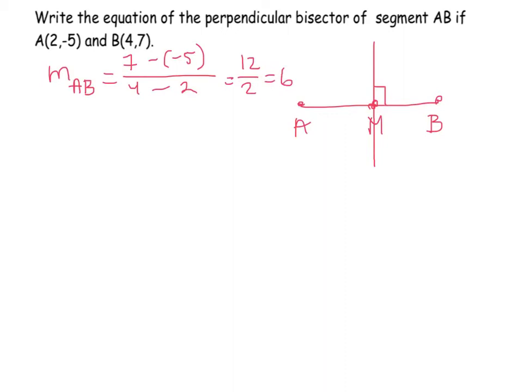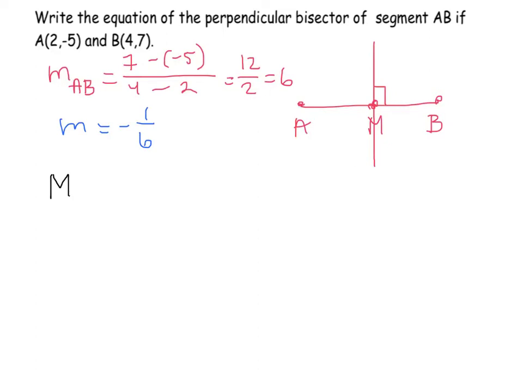So now to find the perpendicular slope, we have to take the opposite reciprocal. So the slope of the line perpendicular to this line will be m equals -1/6.